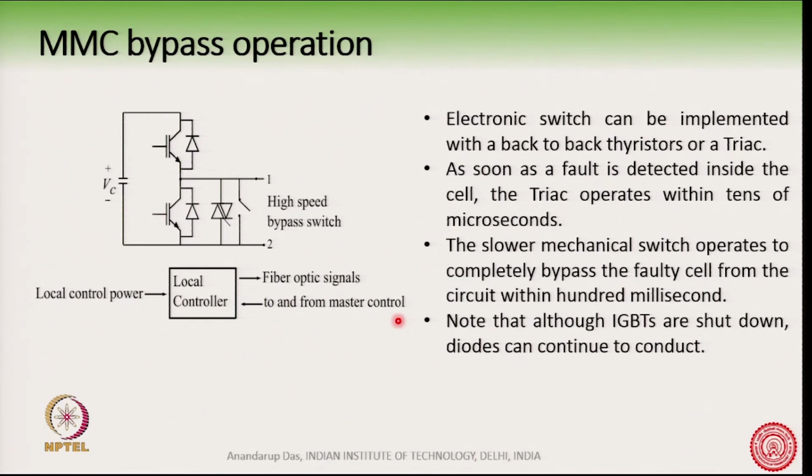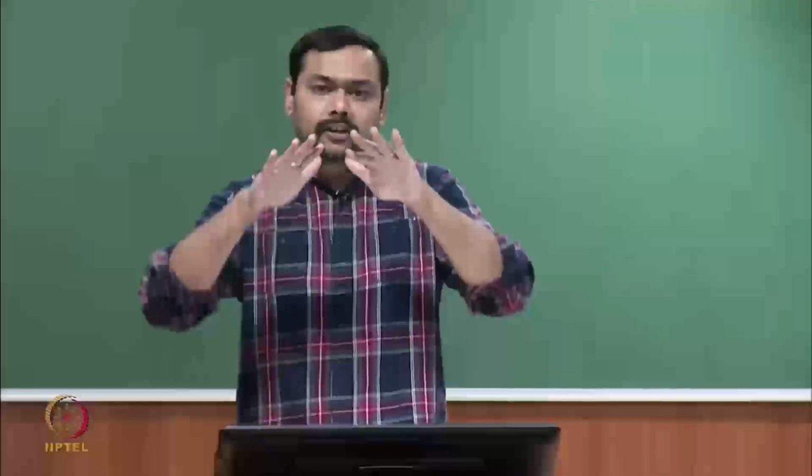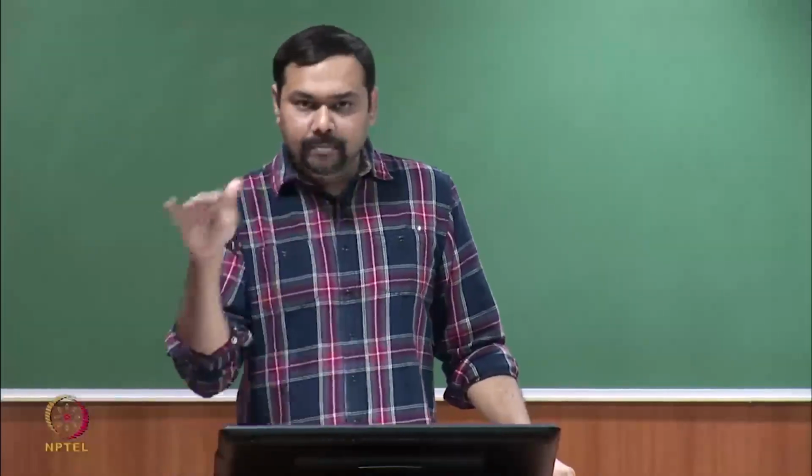How much DC side power is flowing and all those things are taken care of by the master controller. So, the master controller is working at the top level, while at the local level it is already engaged with other activities. So, the local controller can take decisions on its own.